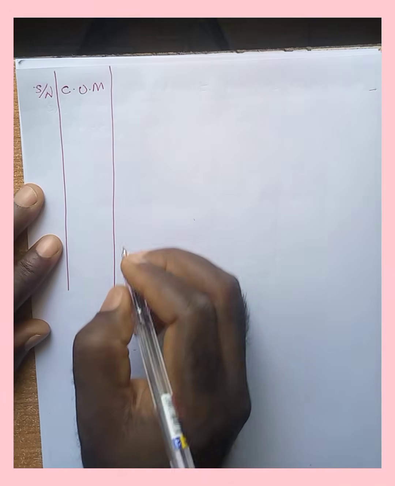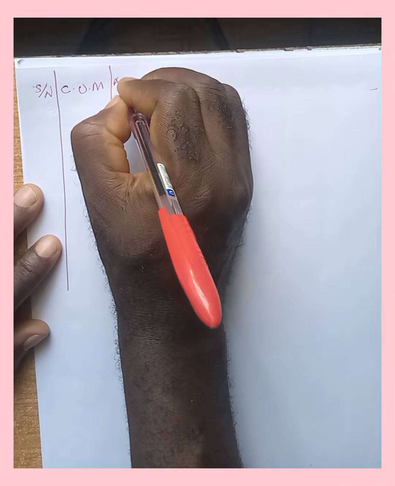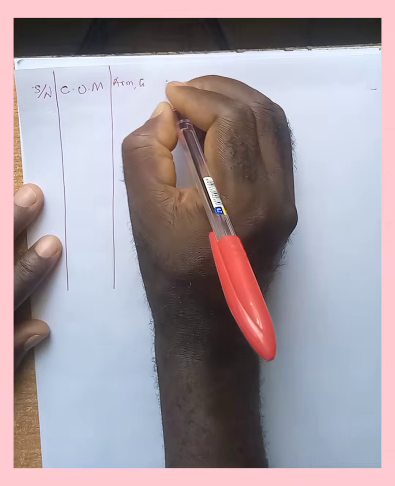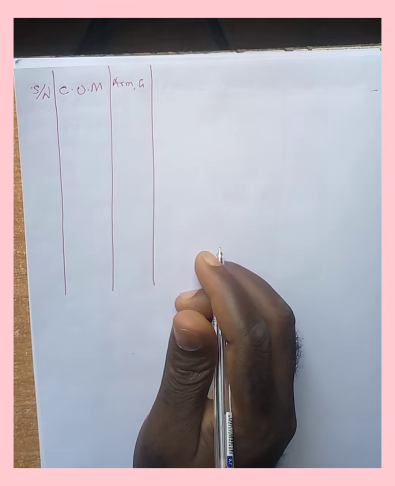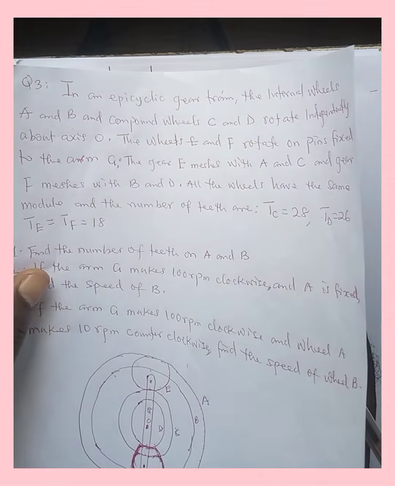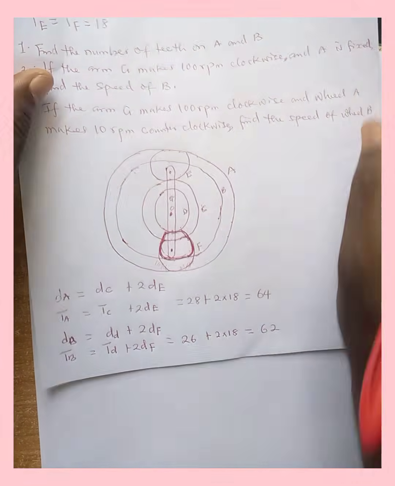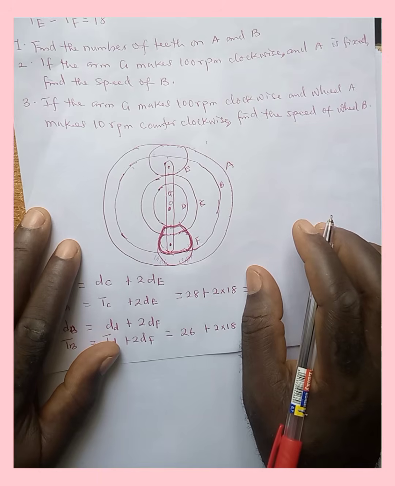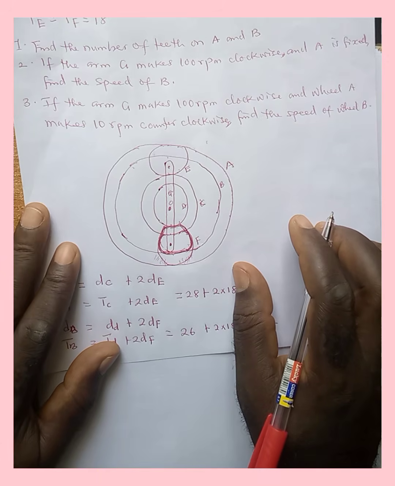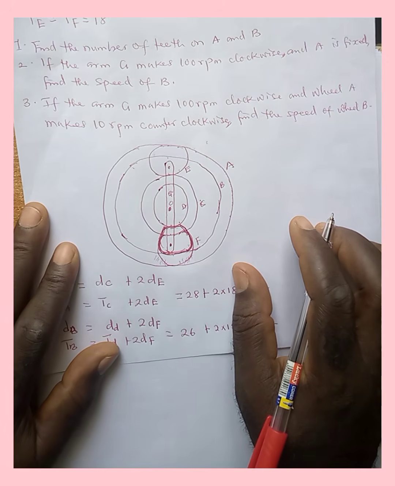Then the next one is our arm G. Then after the arm, the next wheel depends on the wheel through which the power enters the system.